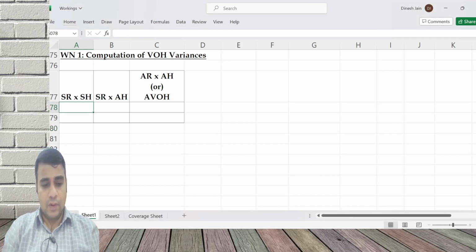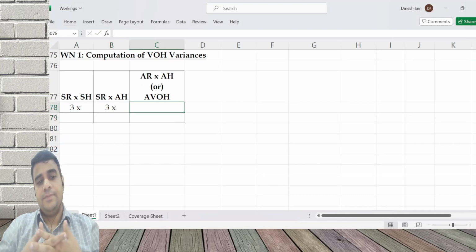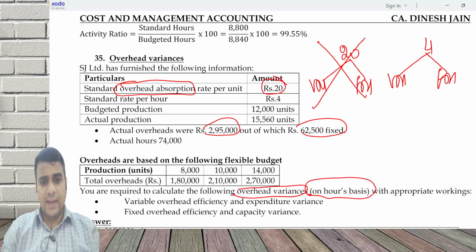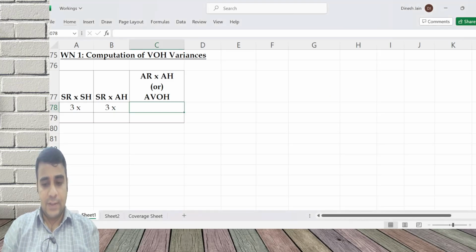So P into, we don't know the hours, we'll see. P is the standard rate. Standard rate per hour is 3. Actual variable overhead is 2,95,000 minus 62,500. Actual overhead is 2,95,000, out of which 62,500 is fixed.